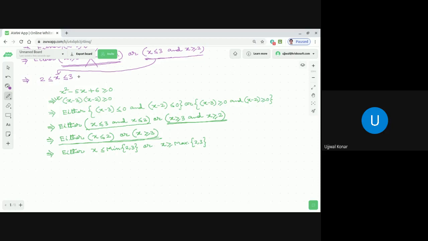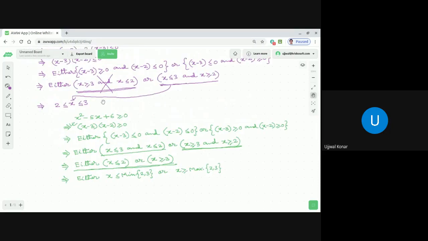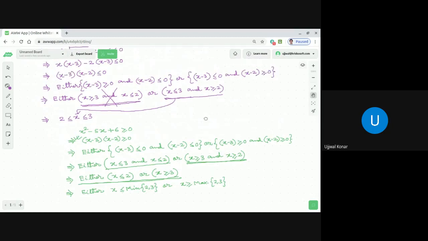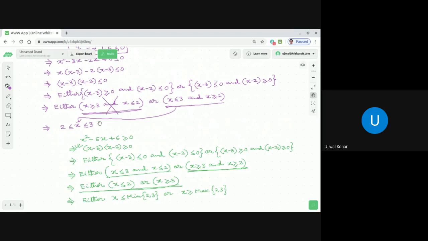Look into the previous example also. When we did 2 less than or equal to x less than or equal to 3, similarly from here you can conclude that the minimum between 2 and 3 is less than or equal to x, which is less than or equal to the maximum between 2 and 3.